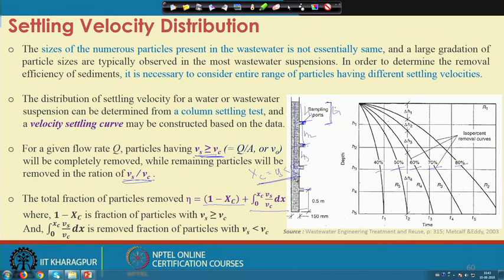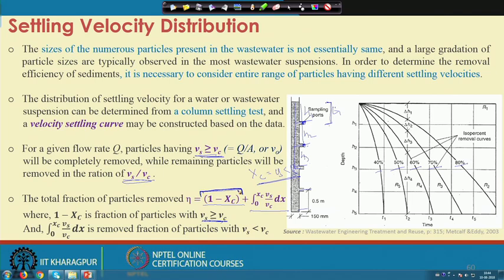Then 1 minus xc is the fraction of particles having settling velocity greater than critical settling velocity, and 100% of these particles are going to get removed. So, removal efficiency will straight away have this component 1 minus xc, because these are the particles with settling velocity greater than critical settling velocity and all of them are going to get removed.